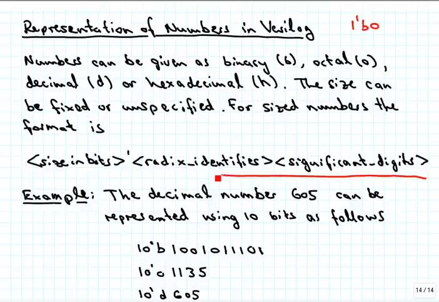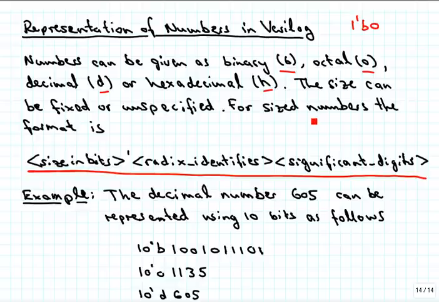Numbers in Verilog can be given as binary, b, octal, little o, decimal, d, or hexadecimal, h. And the size of those numbers can be either fixed or unspecified. If we have sized numbers where we want to tell precisely how many bits the numbers can use, then the format is this one here.